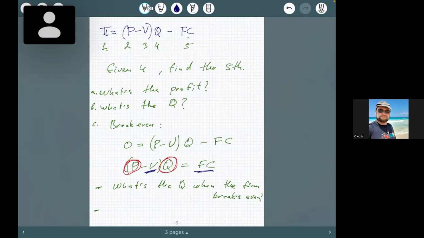For example, you go to a bank, you want to borrow money for your office, and they tell you, well, you've got to start making money in 3 months, otherwise we're going to take everything back and you're going to be bankrupt. So you have a time pressure. So you know the quantity you need to make. You can see a market price, you can see time pressure when you want to break even, and so the quantity is kind of decided for you.